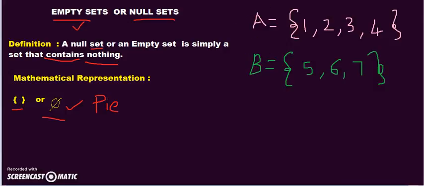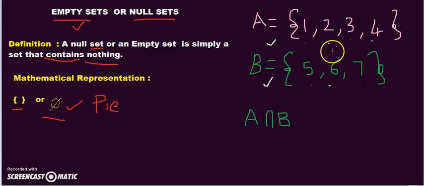Now if I am defining A intersection B, A intersection B is nothing but the common elements between A and B, the common elements of the sets A and B. So if you take A and check the elements in A, 1, 2, 3 and 4, and B consists of 5, 6 and 7.